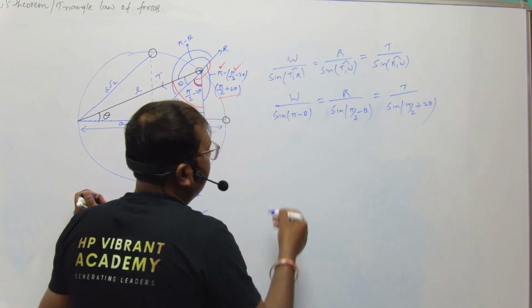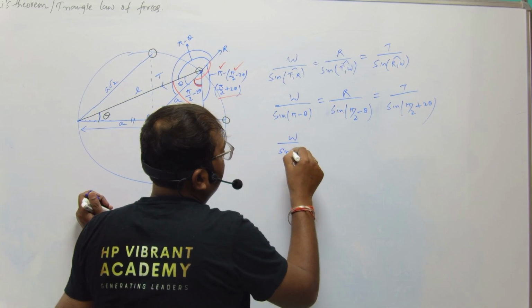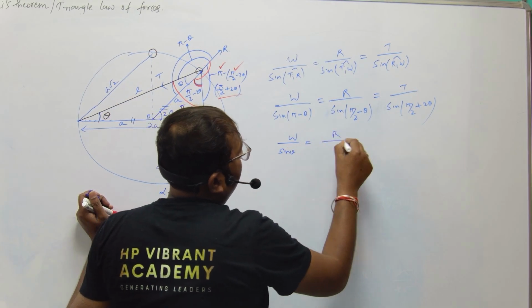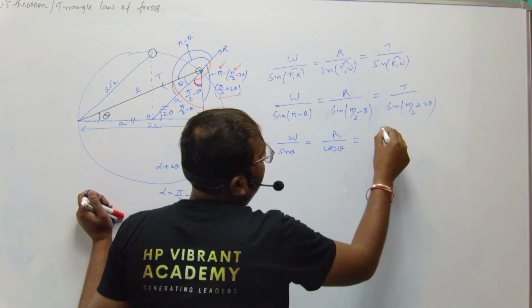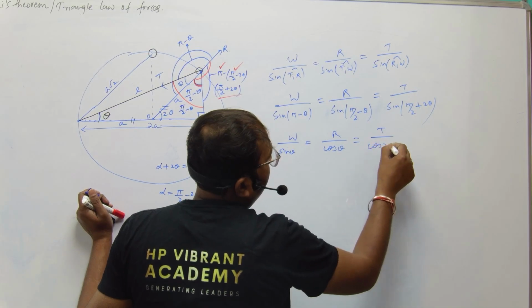Okay, so this is equal to W upon sine theta is equal to R upon cos theta is equal to T upon cos 2 theta.